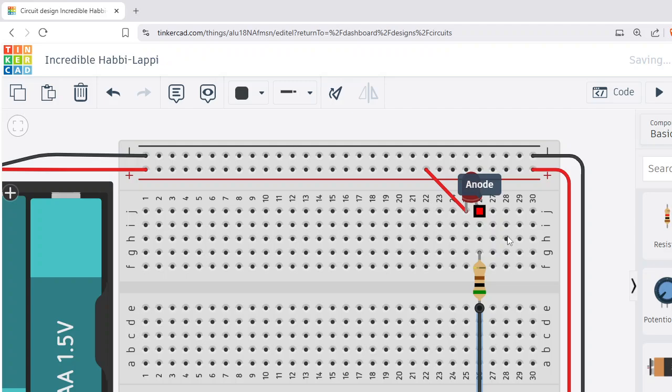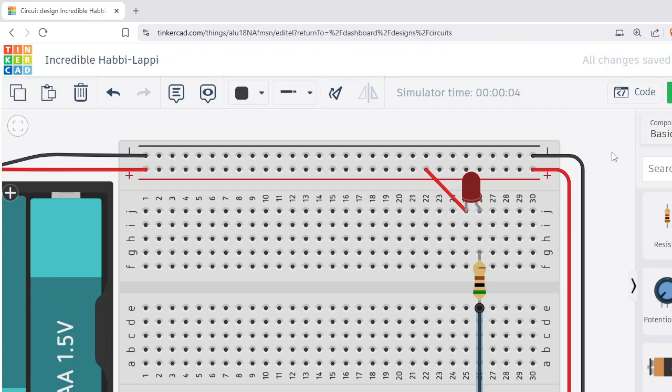Now, if I connect it now, what is going to happen? Why is it not switching on? Sir, the sides are wrong. The LED should be flipped.